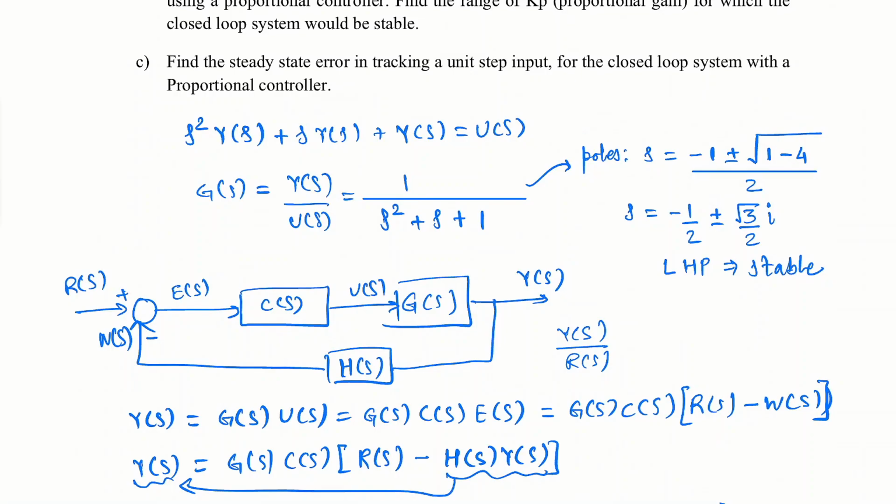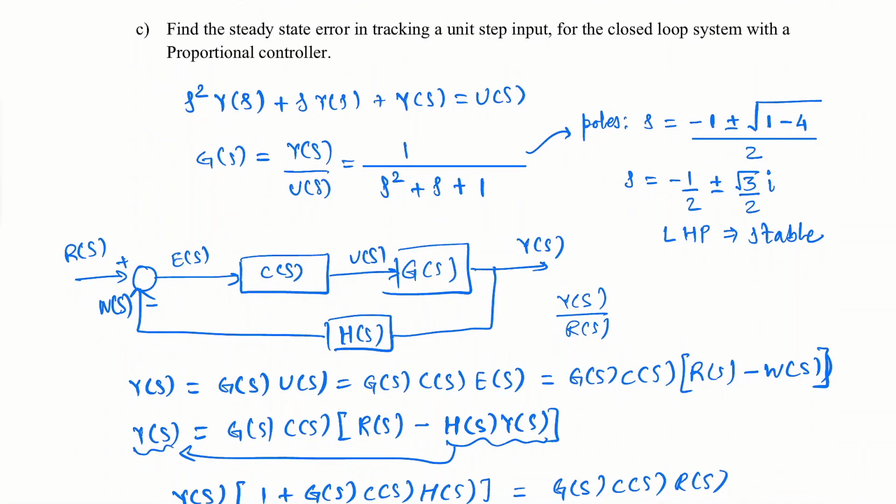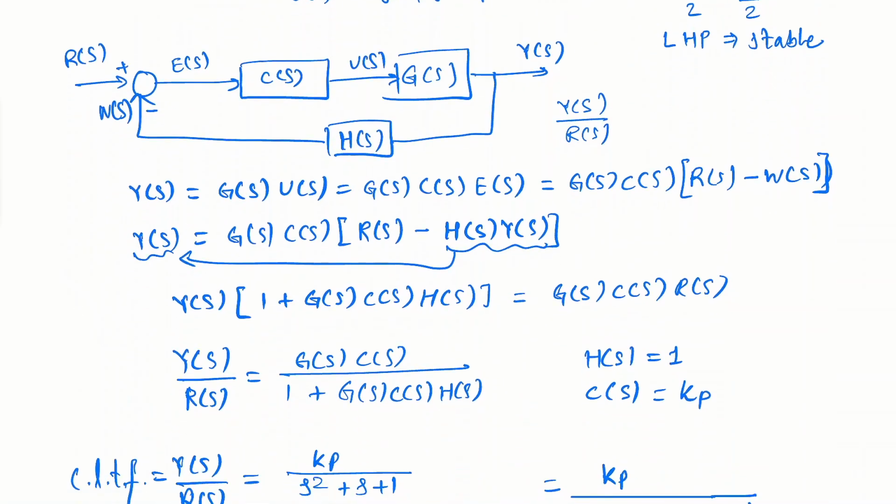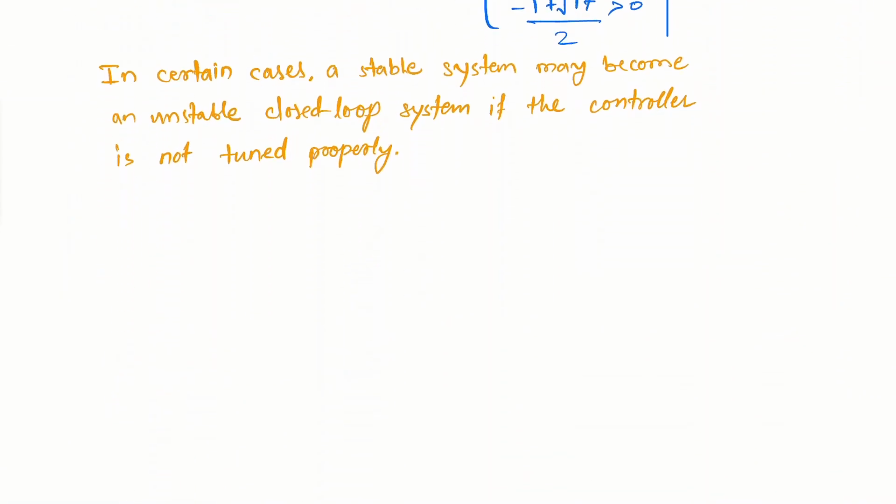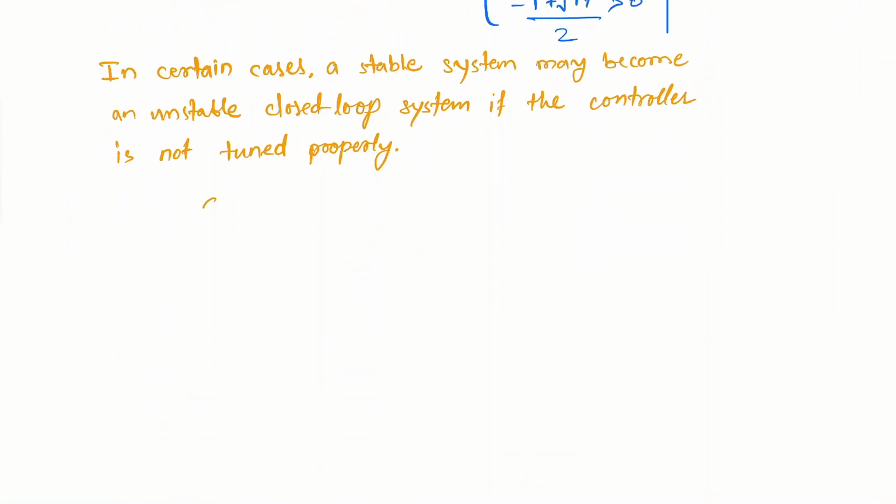Now coming to the third part, find the steady state error in tracking a unit step input. Let's write G_CL as closed loop. The transfer function is Kp over s square plus s plus Kp plus 1.